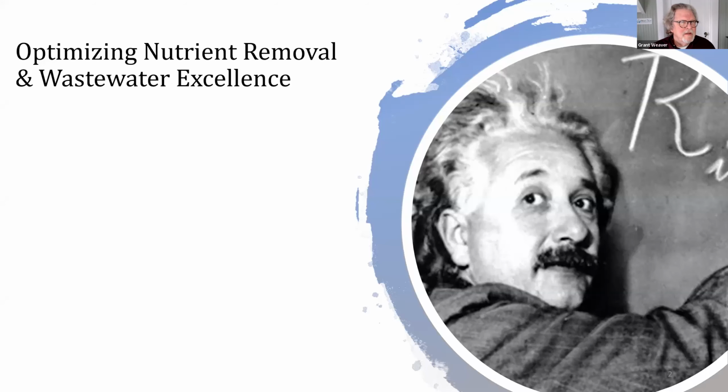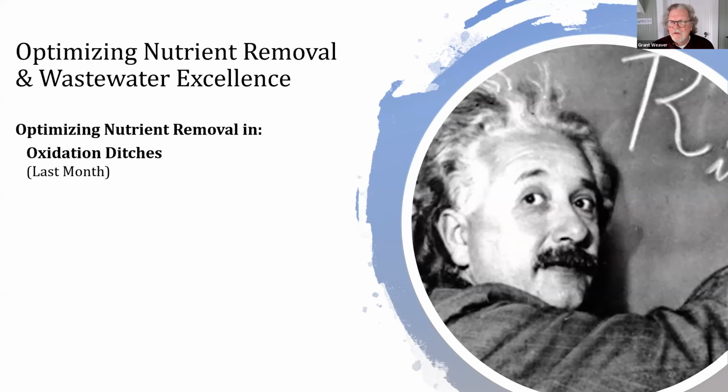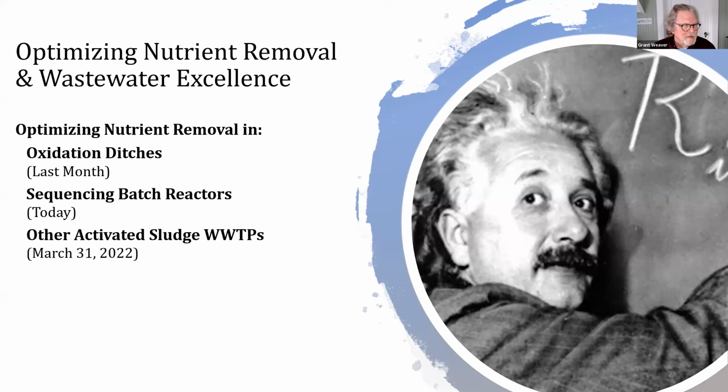What are we doing here today? Well, we've got a whole series going, right? Last month, we talked about oxidation ditches. Today, sequencing batch reactors. And at the end of March, all kinds of other activated sludge treatment plants.